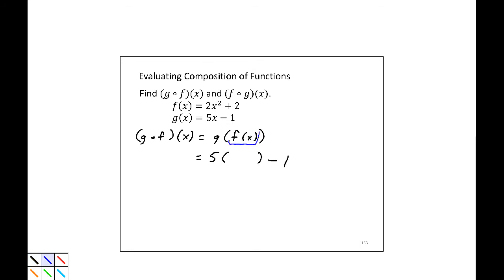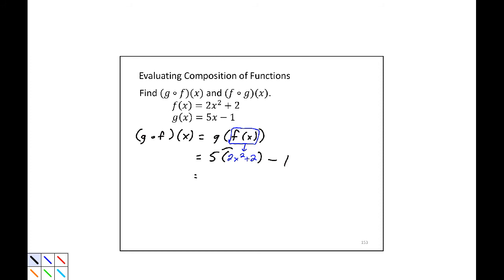But I am going to insert my f of x into this. F of x is 2x squared plus 2. So now I just need to distribute, combine like terms, and this will be the function that I need. Distributing that would be 10x squared plus 10 minus 1, which would be 10x squared plus 9. That is g of f of x.